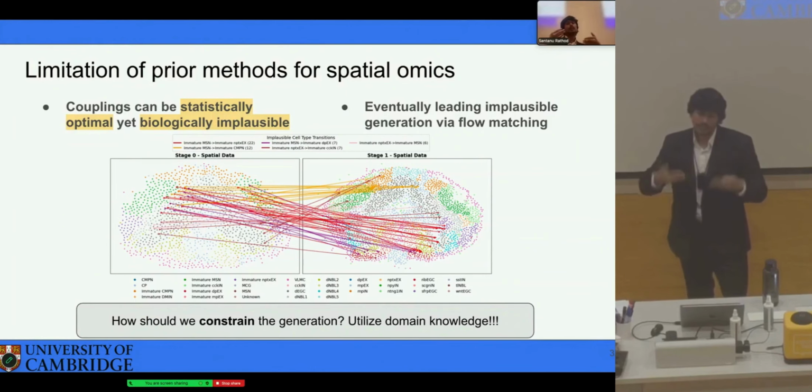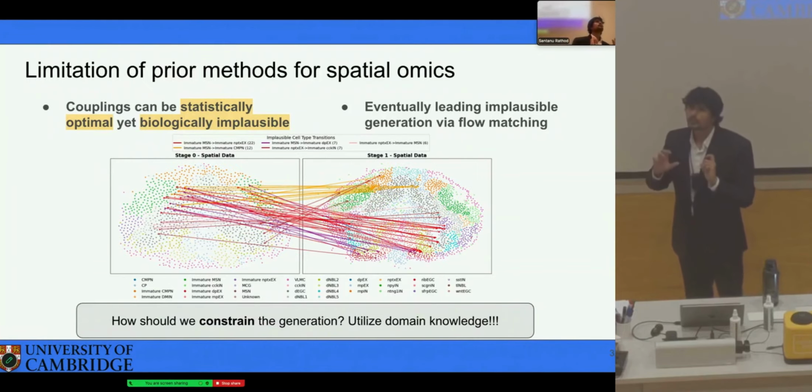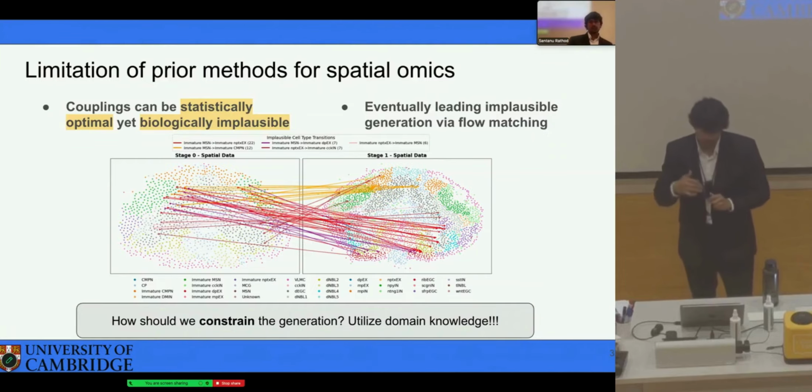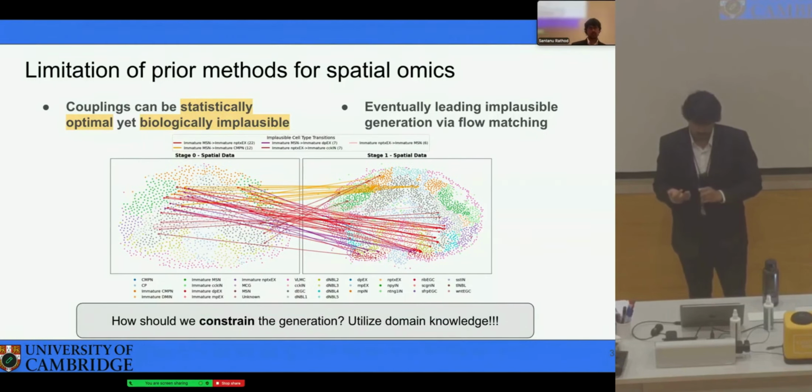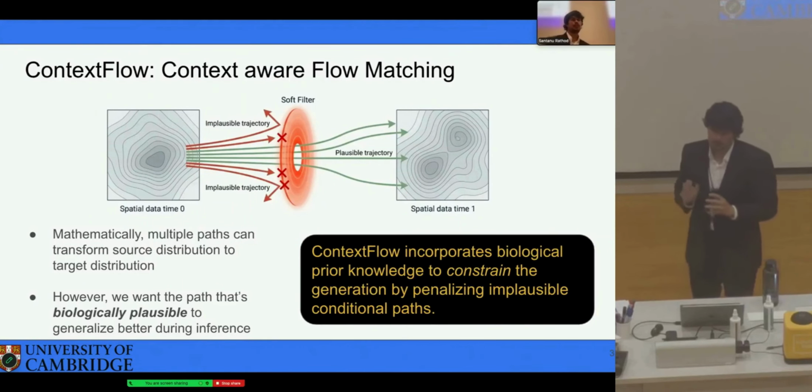That is important because eventually you are training your flow matching algorithm on these implausible couplings. And this is why it is important that you constrain your generation using domain knowledge. That is the essence of ContextFlow.